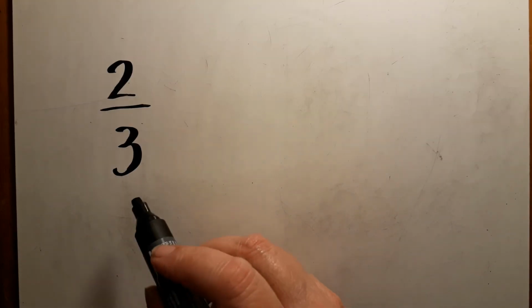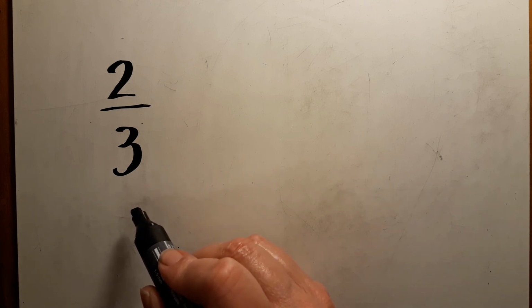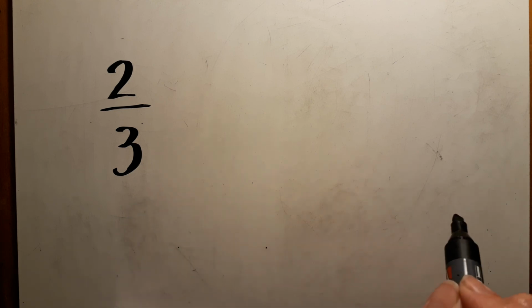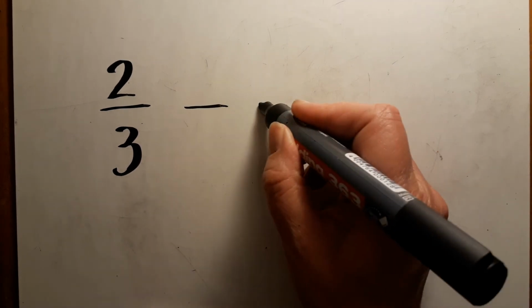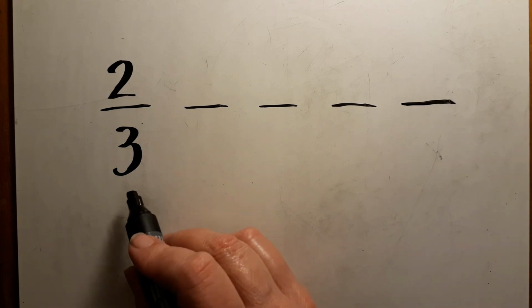So I'm just going to whiz through a little starter with you. Here we've got the fraction 2/3 and I'm going to write some equivalent fractions to 2/3. I'm going to do that by using my multiples of 3.